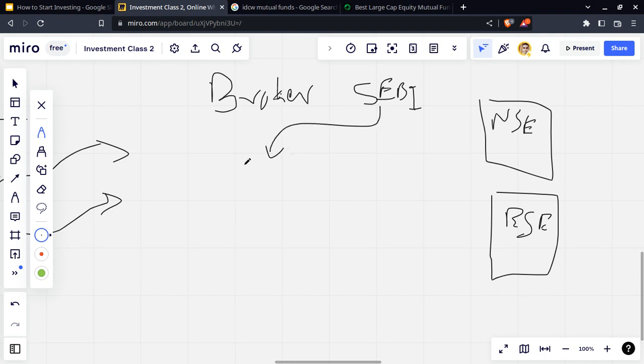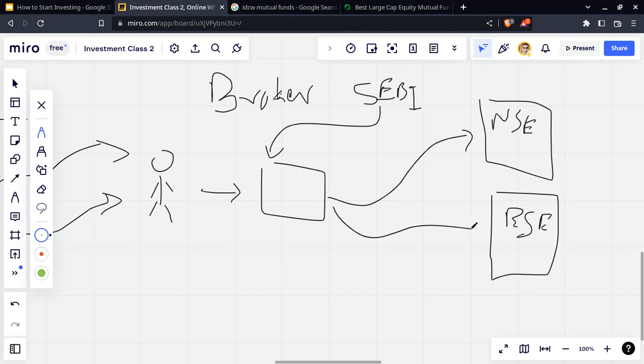So SEBI has a rule: everyone, not only a poor person like me, who wants to invest in stocks that are trading in NSE or BSE or any stock exchange has to go through a broker. You cannot directly invest in stocks that are available in NSE or BSE.